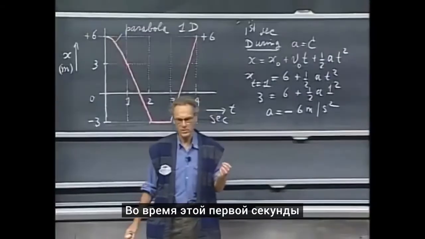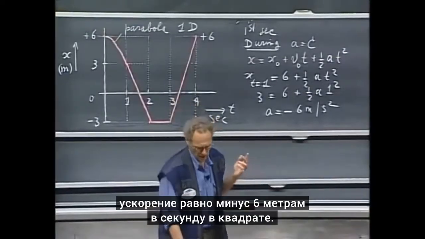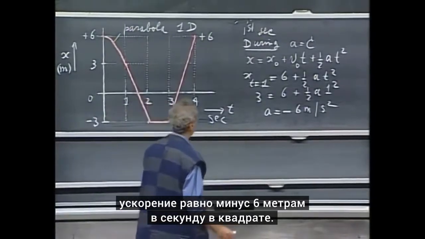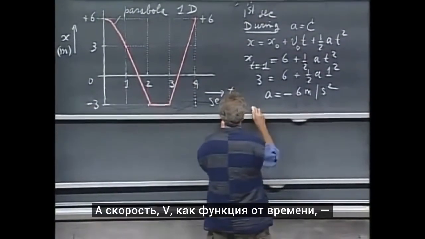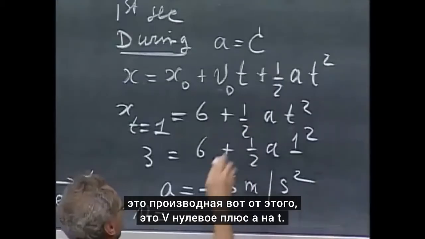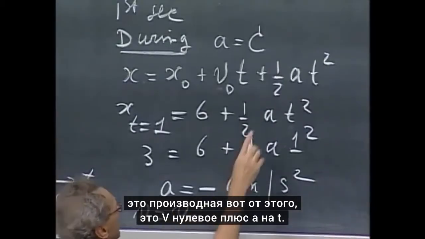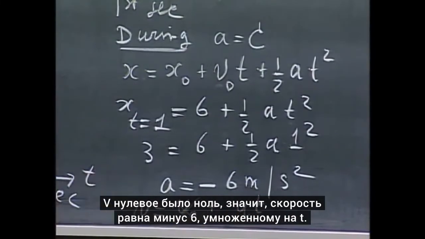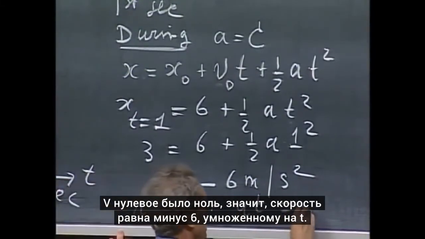So during this first second, the acceleration is -6 meters per second squared. And the velocity v, as a function of time, is the derivative of this one, is v0 plus at. v0 was 0, and so that is -6 times t.